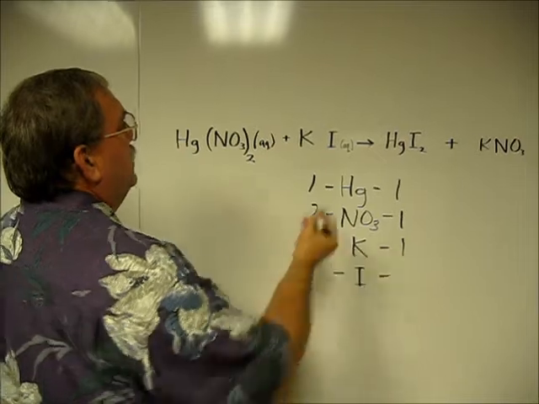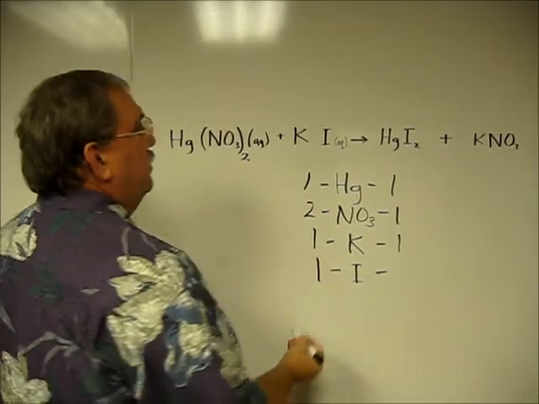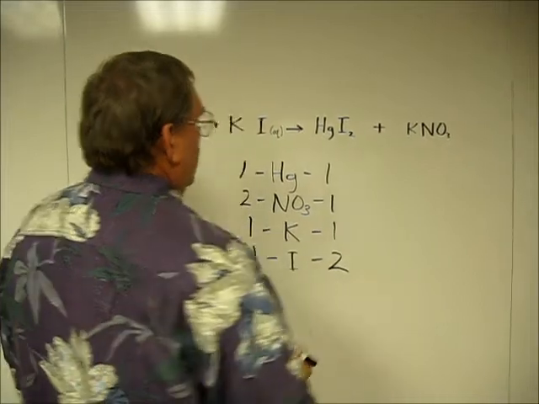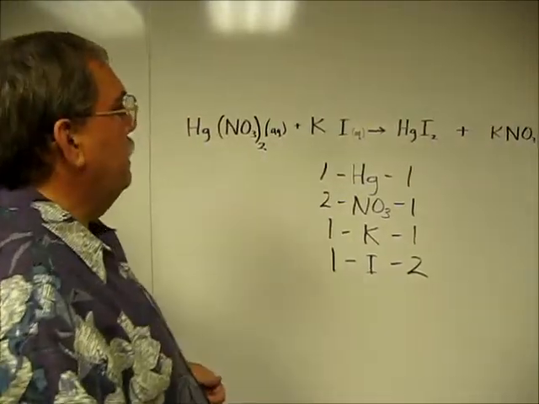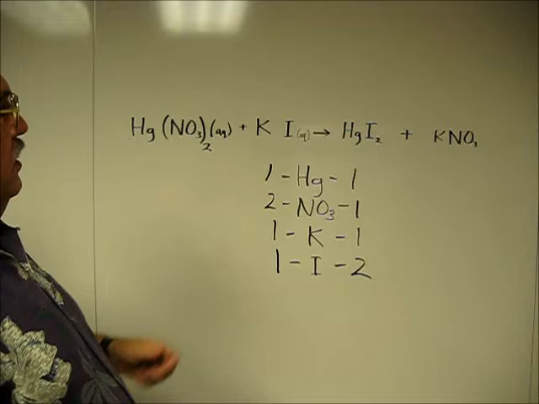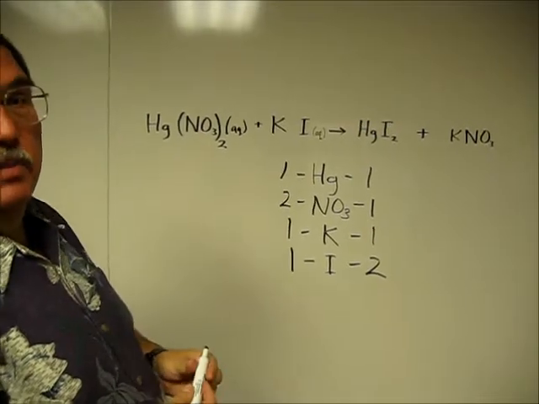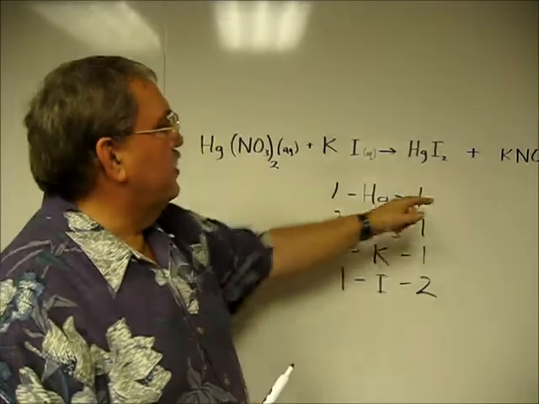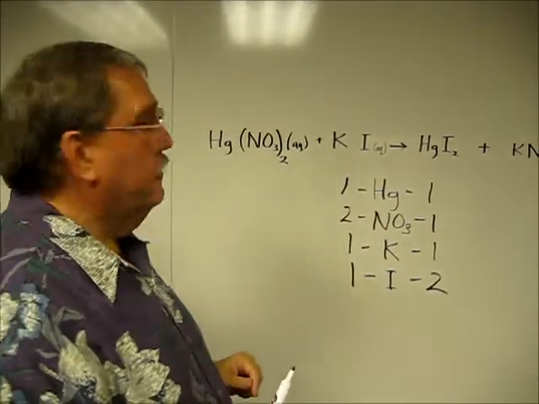And with iodine, we have 1 on the reactant side and 2 on the product side. When balancing now, we can use these numbers from this table. With mercury, we have 1 on both sides, so we're in balance there.